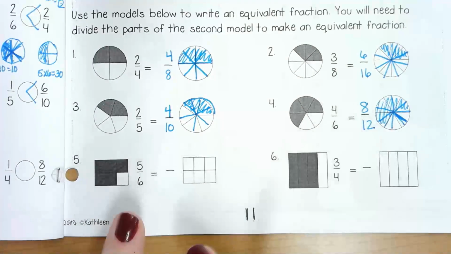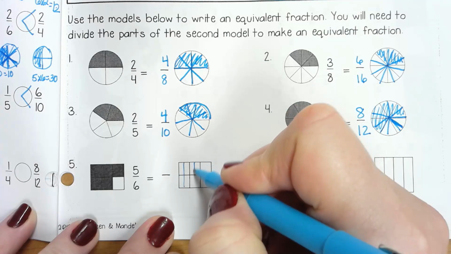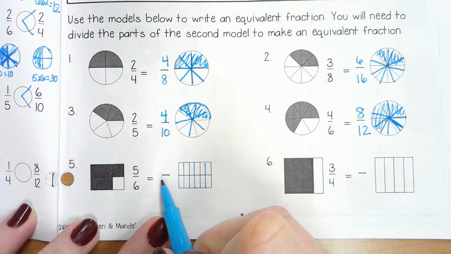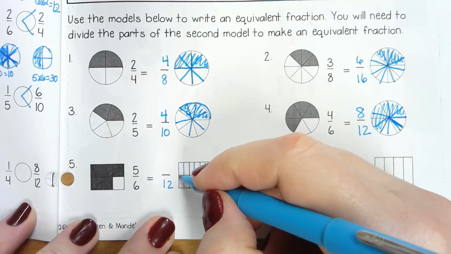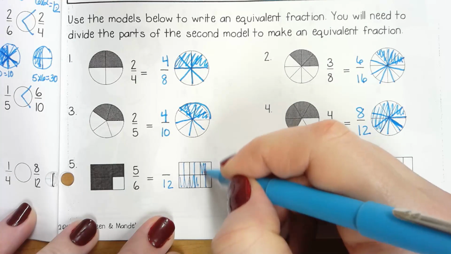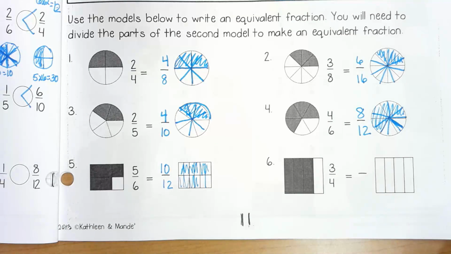Okay? We can do the same thing with 5/6. Let's split each of those sections in half again. And now instead of 6 sections, we have 12 sections. And if 5 of them were shaded before, since we've doubled the sections, 10 of them are shaded now, making 5/6 equal to 10/12.